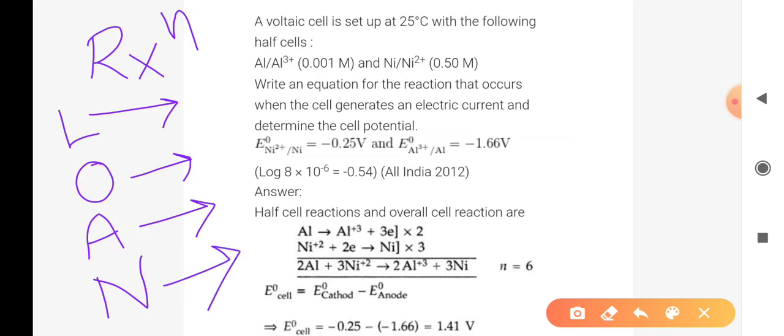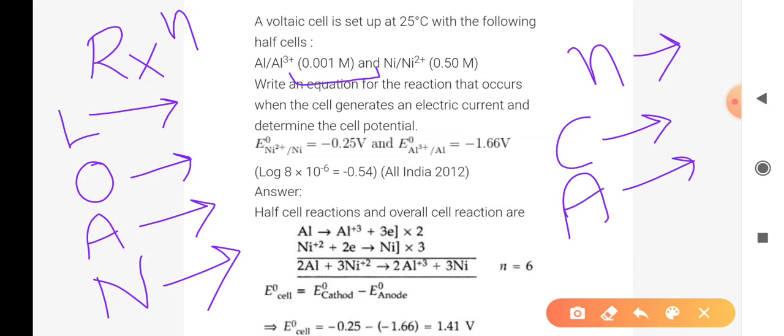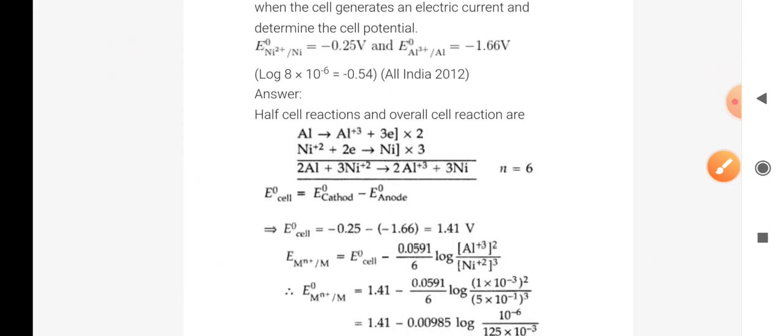After that you can find out the value of n. n is the number of transferred electrons in the reaction, the total exchange. Then we can find out which electrode potential is for the cathode and which is for the anode. Cathode and anode reduction potentials we can find out, and by this we can find all the values.